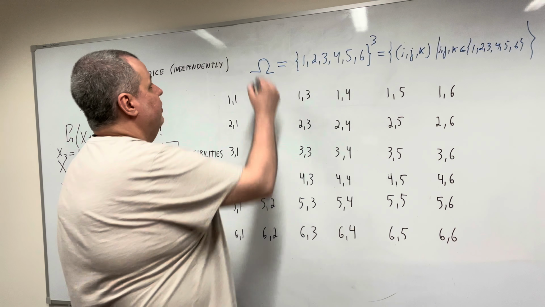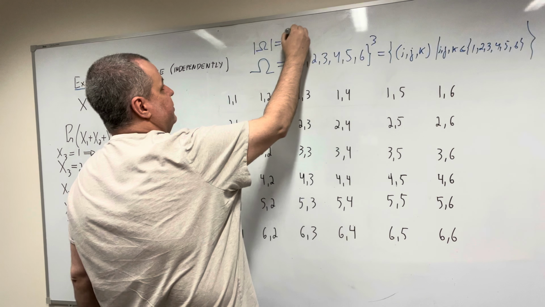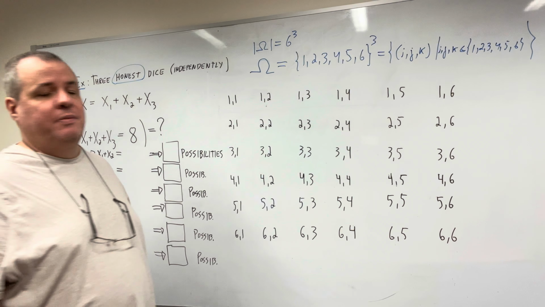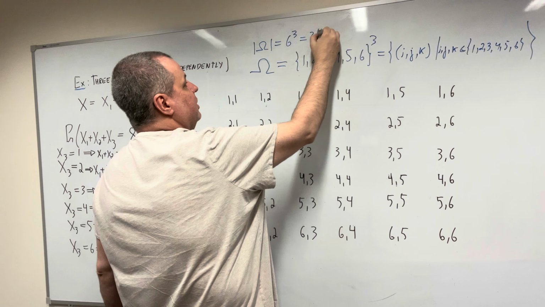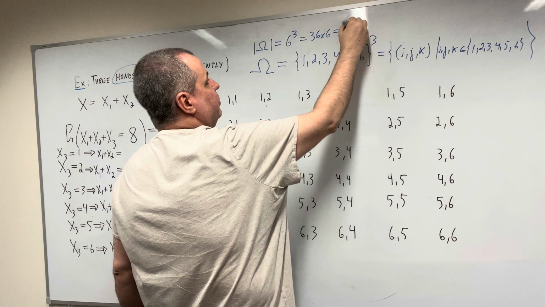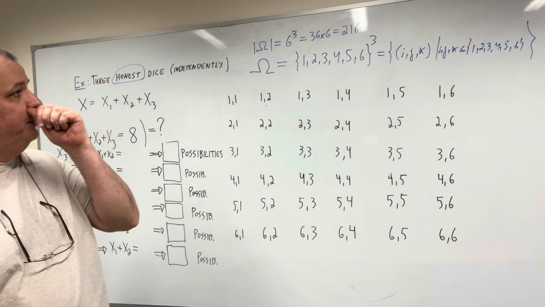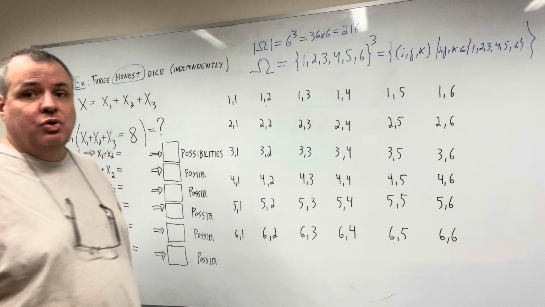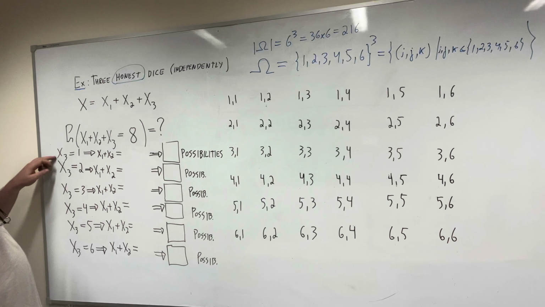So how many elements do we have in this sample space? We have 6 to the power 3. Okay? So 36 times 6, 216 perhaps. 6 times 6, 36, 18 plus 3, yeah. So now let's look here.